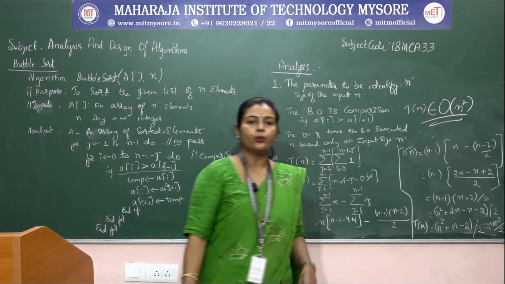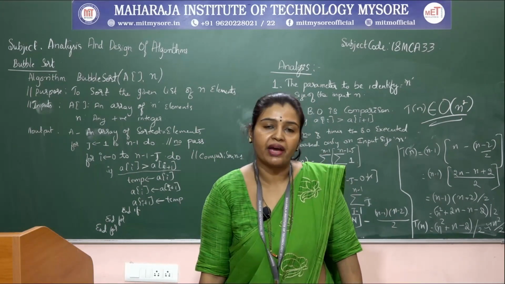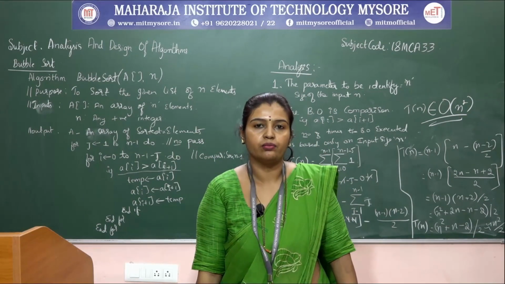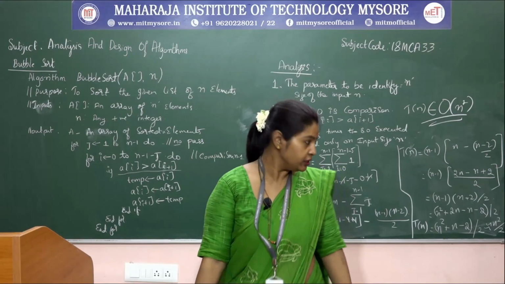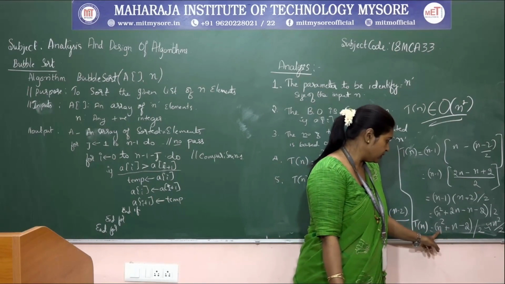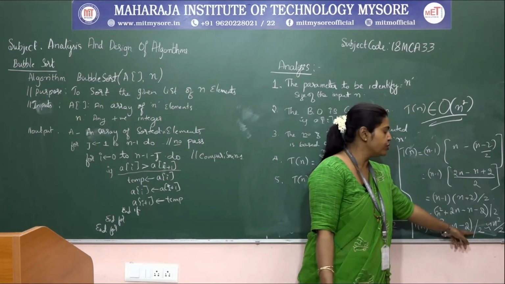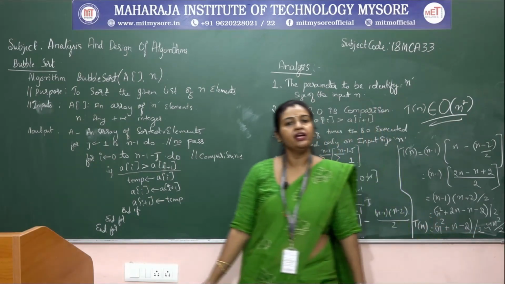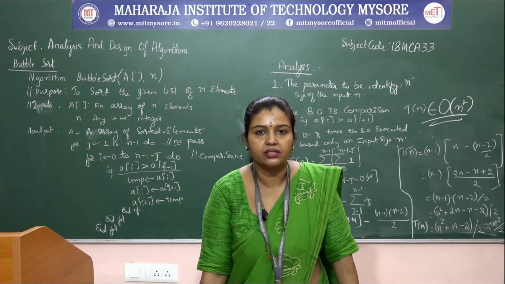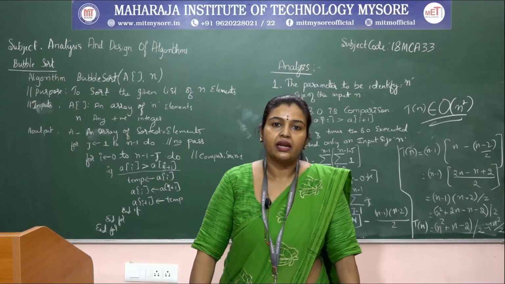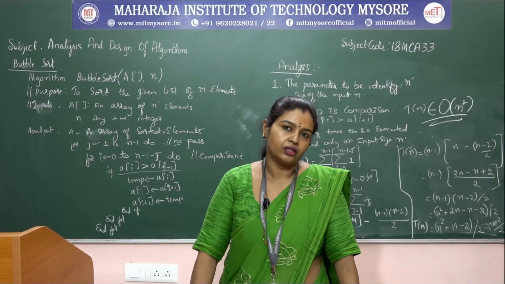So within n square only, maximum of n square times your basic operation is going to be executed. Actually it is n square minus n divided by 2 times, but whenever we are representing our algorithm efficiency, we represent the order of growth of the algorithm.